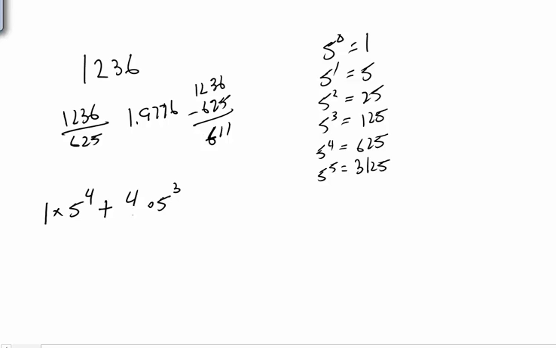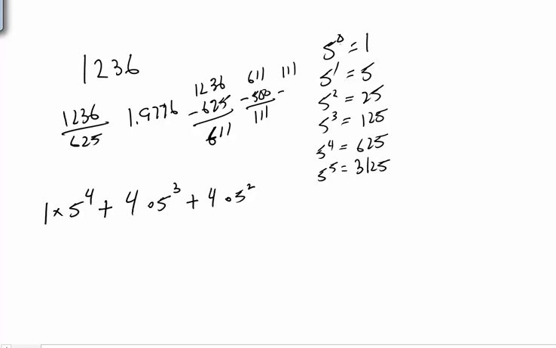And it goes in there 4 times evenly. So then I want 611 minus 4 times the 125. Let's see, so that'd be 4 times 125 is 500. So that's 111. Okay. So then I want to know how many times 5 squared go in there evenly. So obviously 5 squared is 25, so 111 would go in there 4 times with how many left over?